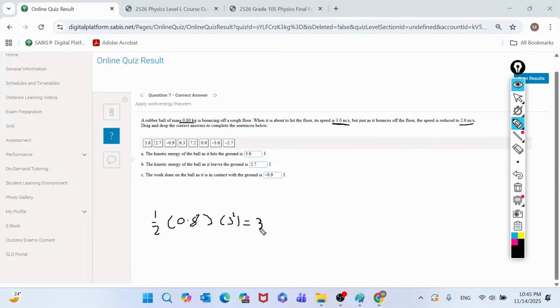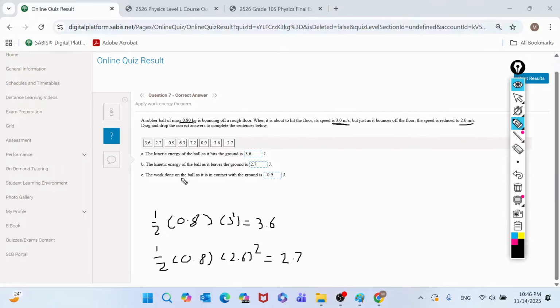That's equal to 3.6. Okay, guys. Part B, we're gonna do the same thing, 1 over 2, mass stays the same, 0.8, and the velocity is 2.6 squared. Solve that, you're gonna get 2.7.